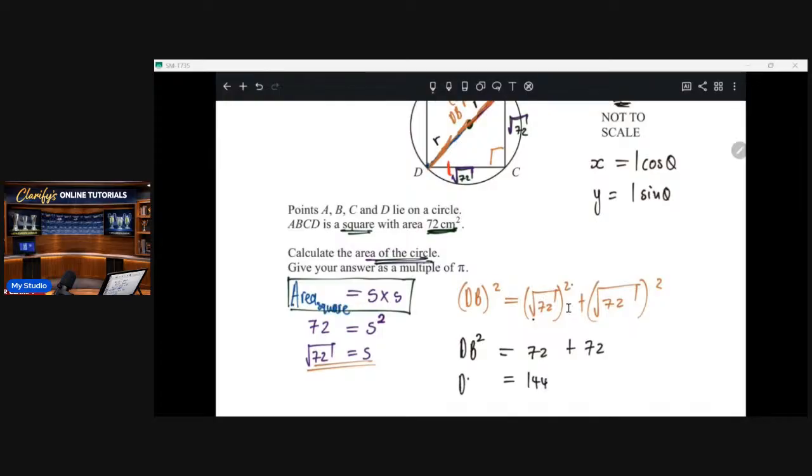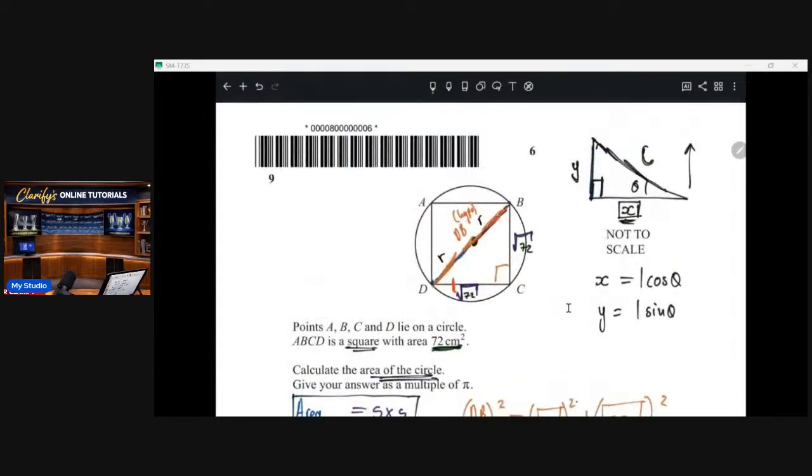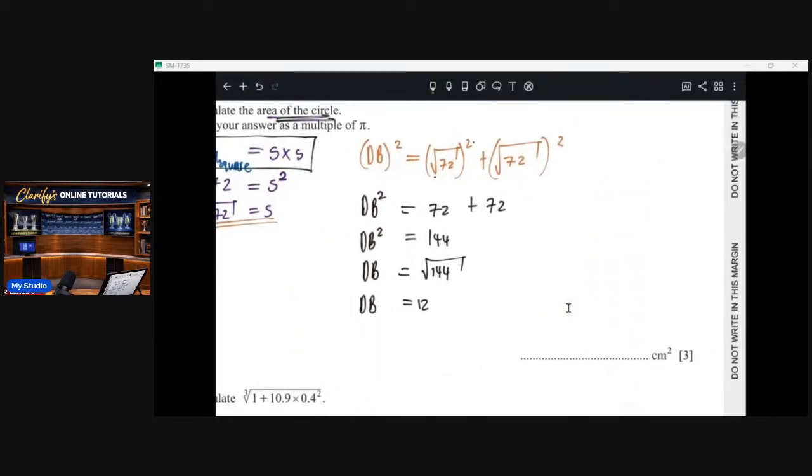That's DB squared. And DB is the square root of 144, which is 12. But what is DB? It is 2r. So 2 radii gives us 12, which means the radius gives us 12 over 2, which means the radius is 6.